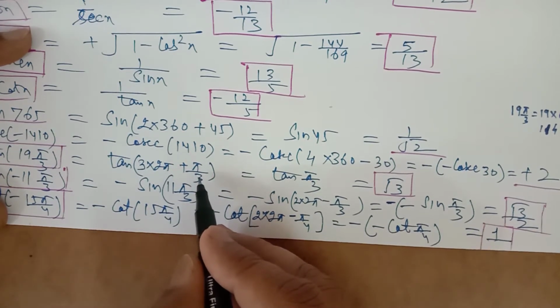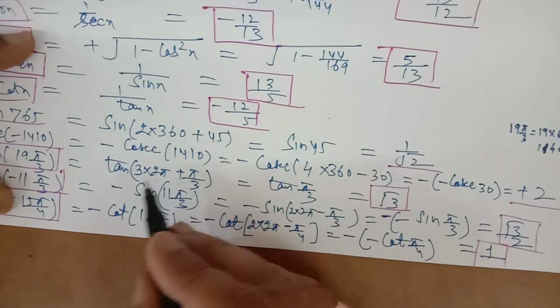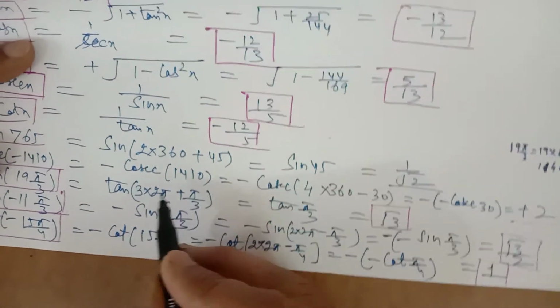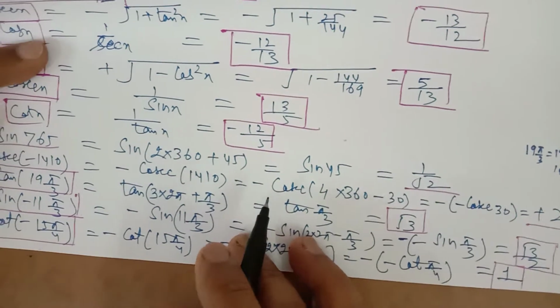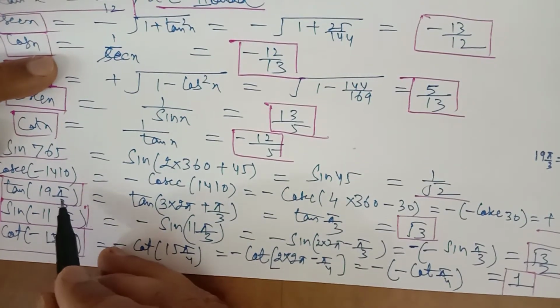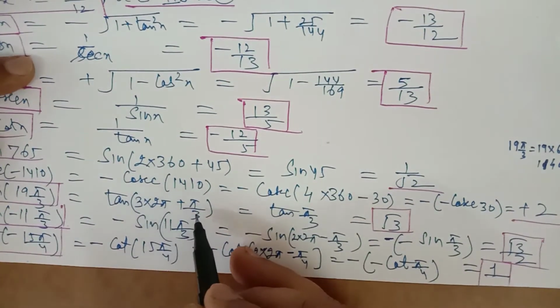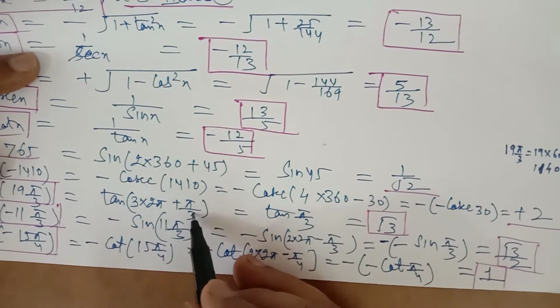So this comes out to 1140. You can convert this into degrees in the rough, but you have to break this angle in radians itself. So 3 into 2 pi plus pi by 3 will be equal to 19 pi by 3, or we can say it is an angle of 1140, that is 1080 plus 60.